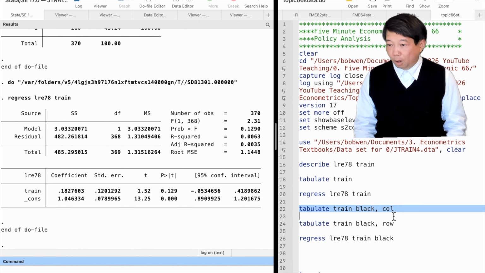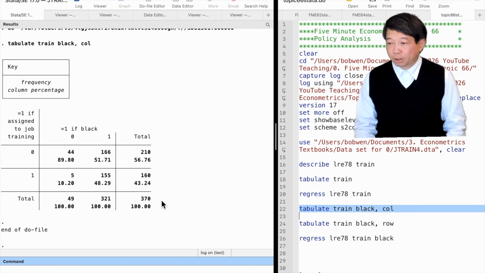The column option provides the percentage of cells within each column. The first column shows that only 10% of non-black workers received job training, while 48% of black workers did. The discrepancy indicates a significantly higher percentage of black workers received job training compared to non-black workers.